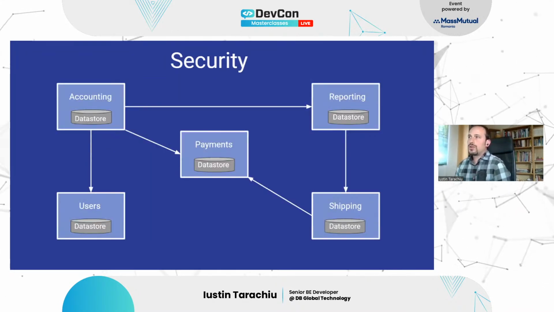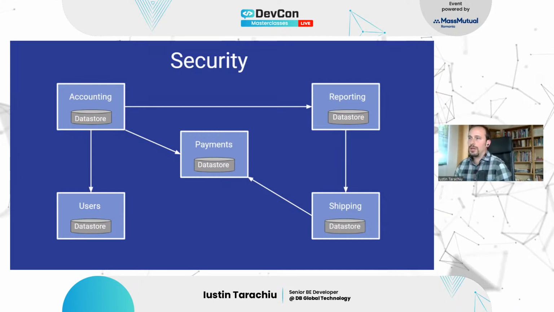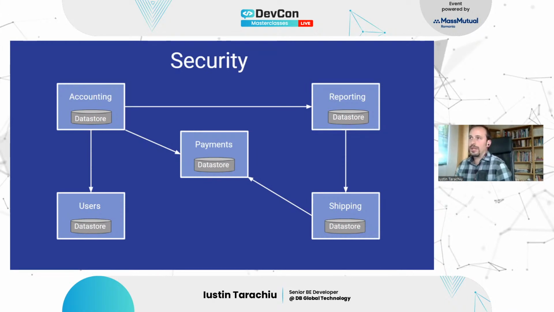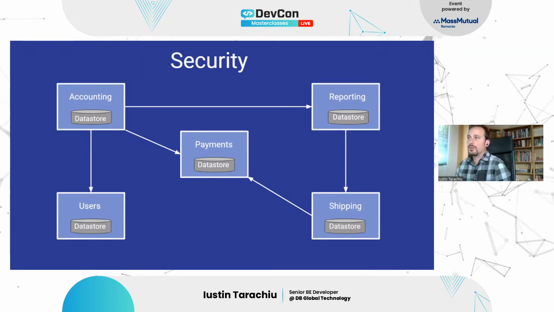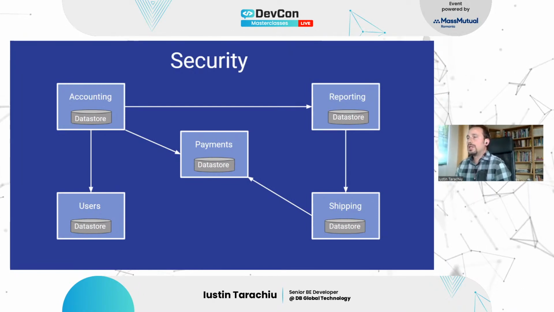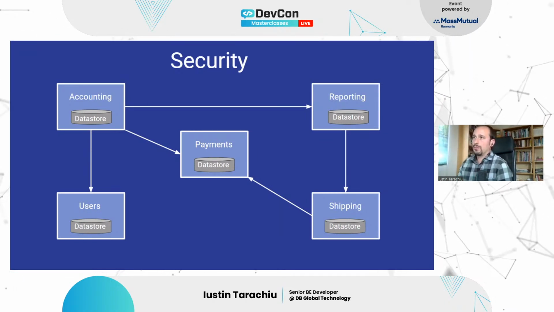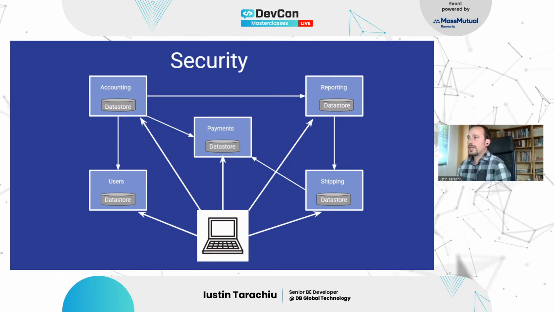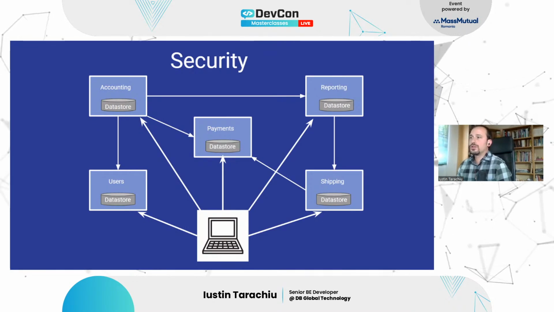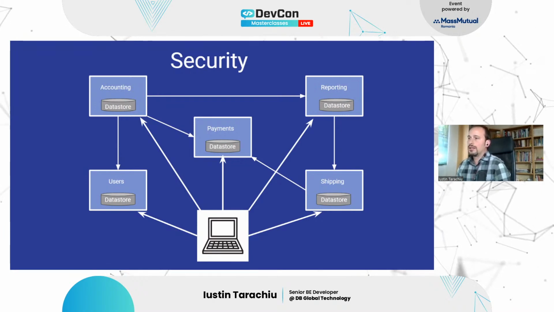And I would also like to talk a little bit about security. I will not get too much into details. This is a very complex domain, a very big domain that could have a presentation on its own. But I would just like to outline some points right here. I want to say that it is a very, very bad idea to just expose all the microservices directly to the outside world.